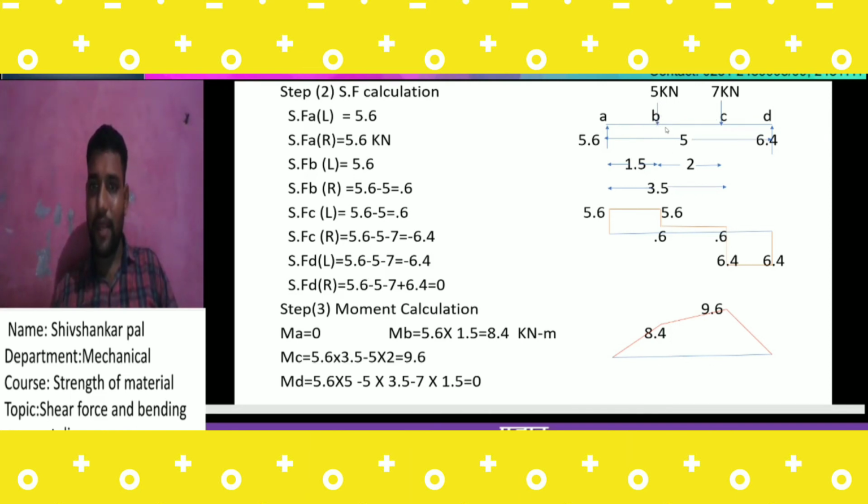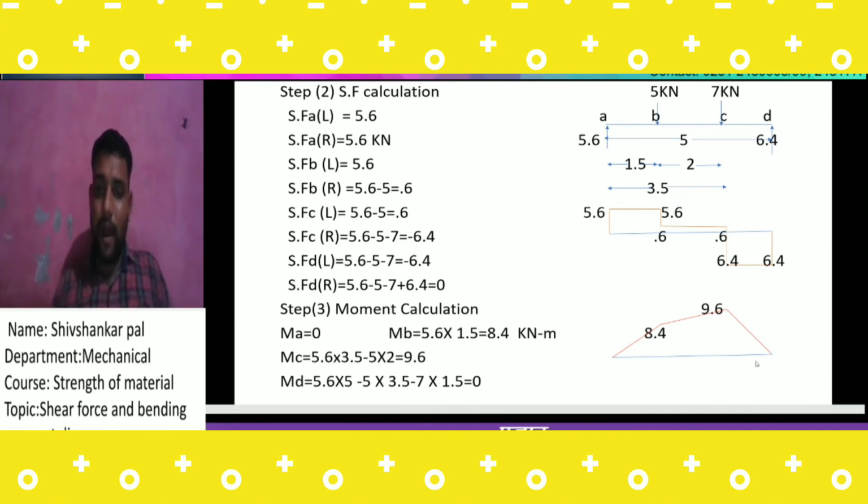And for the 7 kilonewton, the moment at point D is in the anti-clockwise direction, so it takes a negative sign: 7 into the distance 1.5. When I solve this equation, I obtain the moment about point D equal to 0. So directly take a scale and draw from 9.6 to join the last end of the beam.